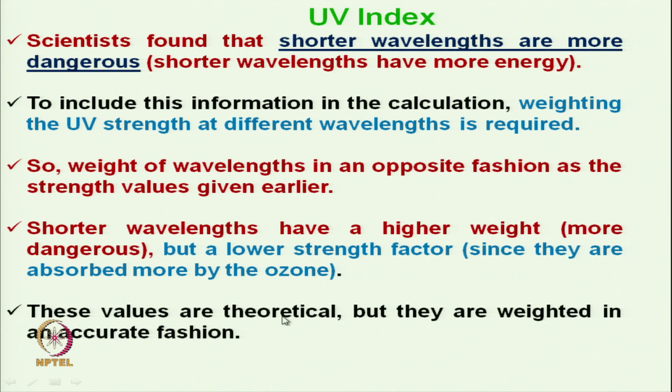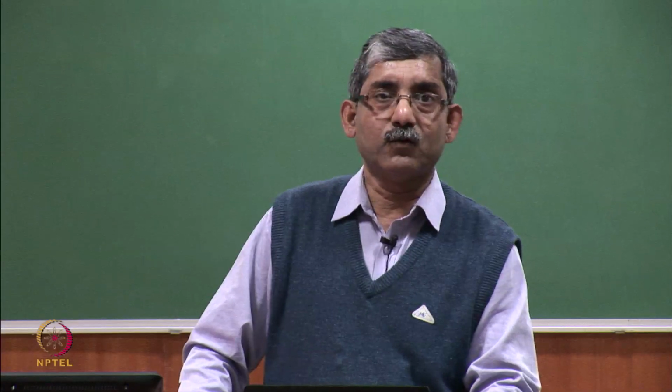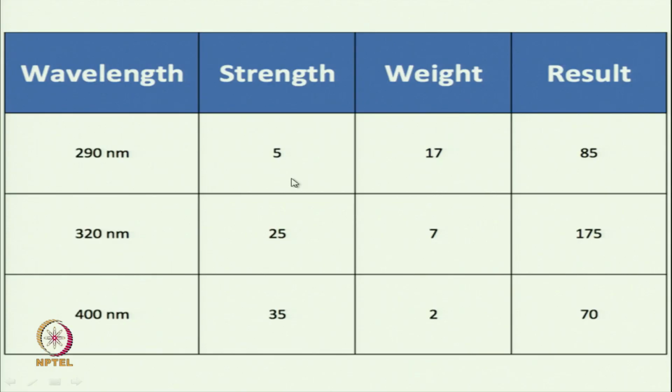These values are theoretical and they are weighted in accurate fashion by different agencies. Then what do we have to do? We have to multiply the strength with the weight. So, we get the result 85 for 290 nanometer, 175 for 320 nanometers and 400 for 370 nanometers.